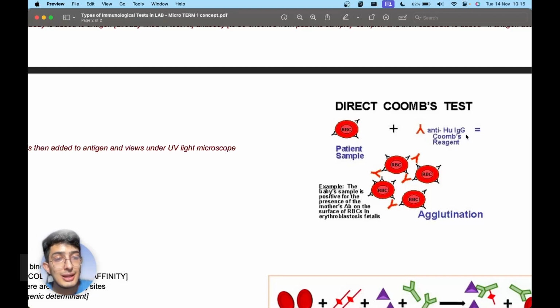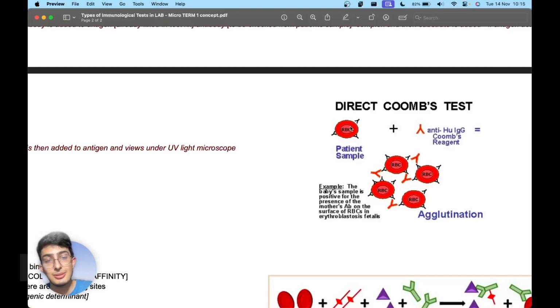And then we add this anti-human immunoglobulin. So anti-human immunoglobulin is an immunoglobulin that binds with immunoglobulin, right? Isn't that crazy? So if a child's RBC has this disease, hemolytic anemia, then the RBC will have self-reacting antibodies, right?